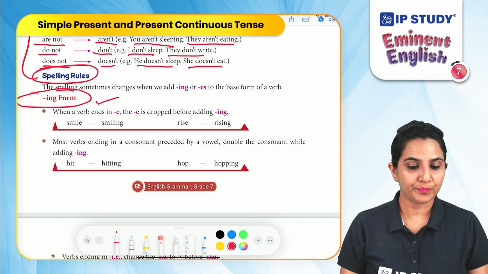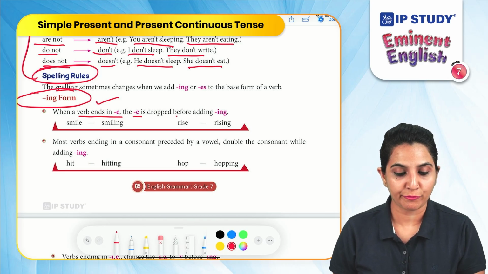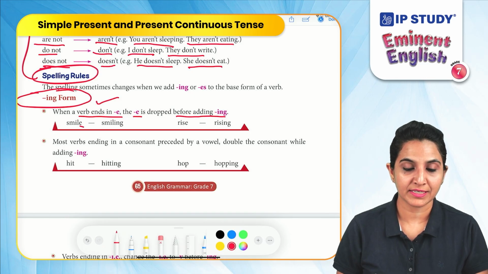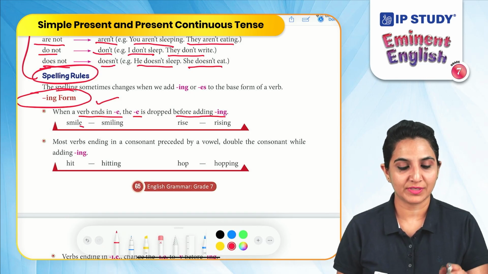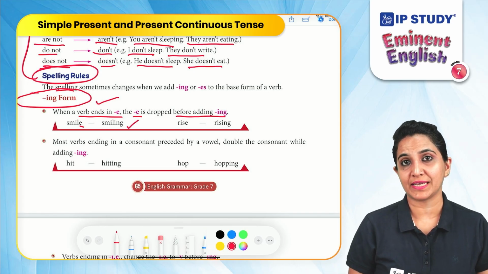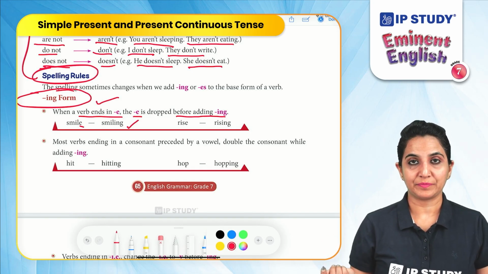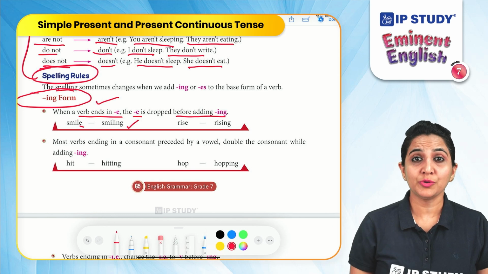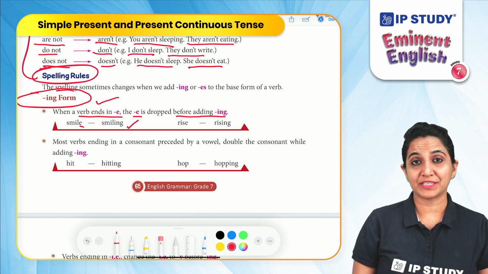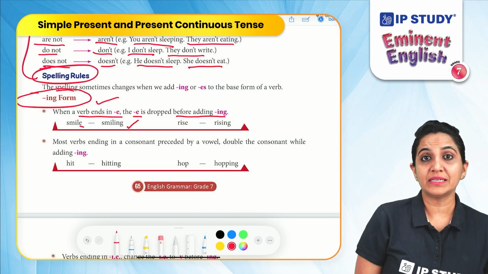For example, when a verb ends in E, the E is dropped before adding ing. So you drop E and change smile into smiling. If we have to use smile in present continuous tense, for example, Maya is smiling. You can't say Maya is smile. That would be incorrect. For the present continuous tense, which is happening right now, you will use the word smiling.